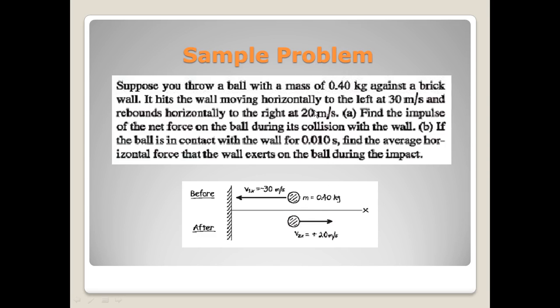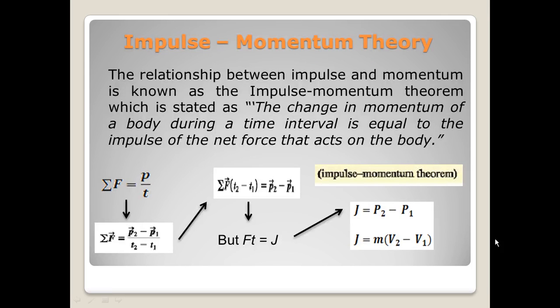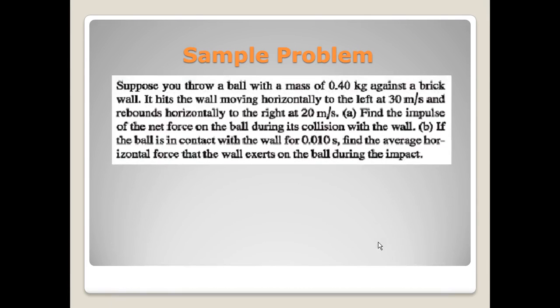So therefore, we have the change in velocity as 20 minus negative 30, which gives us 50 meters per second. Multiply that with the mass of the ball, which is 0.4 kilograms. So you have 0.4 times 50, which gives us 20 kilogram meters per second as the magnitude of the impulse of the net force.